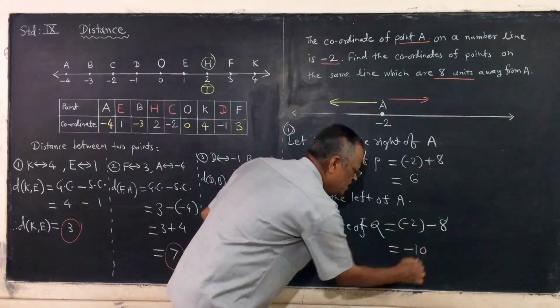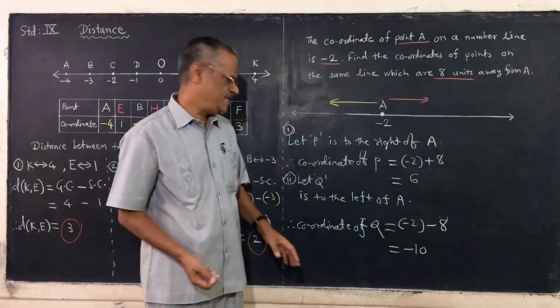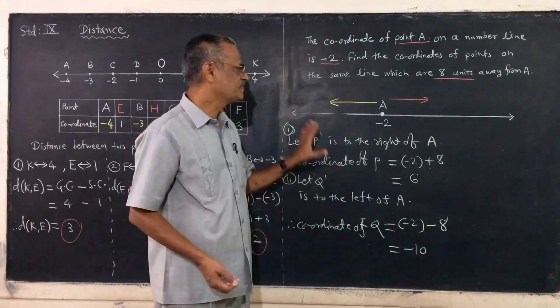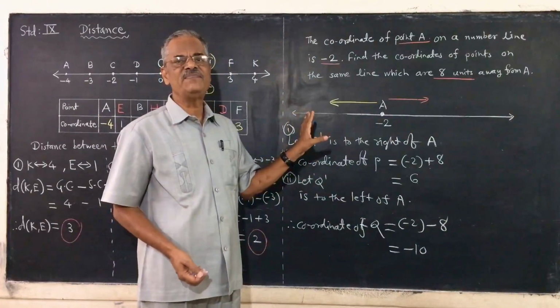And the coordinate of that point in that case is minus 10. So this is a very interesting example for you.